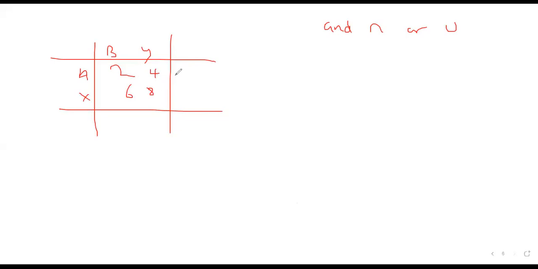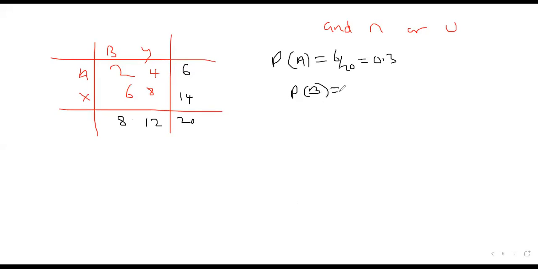First thing, you total up. We are going to get 6, 14, 20, 8, and 12 here. If you're finding the probability of A, it's simply the total: 6 out of what? 20. So 0.3. Probability of B is 8 out of 20, so 0.4.